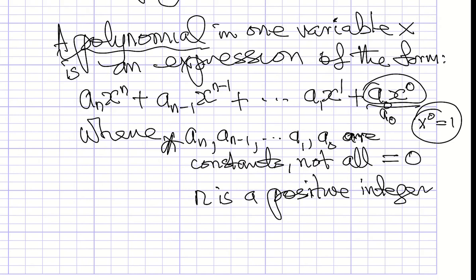And then the power n, and whatever you have up there, n minus 1, and so on, they have to be positive integers, okay? It has to be positive. I will explain that definition and zero, but let's just look at what it says. You see that? Okay?